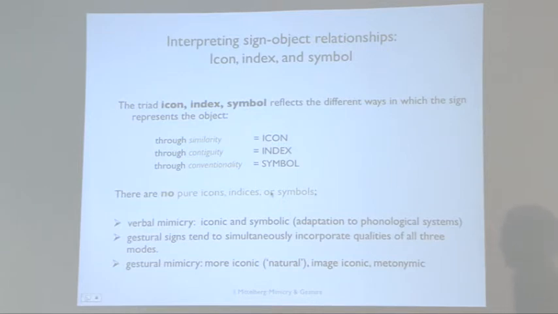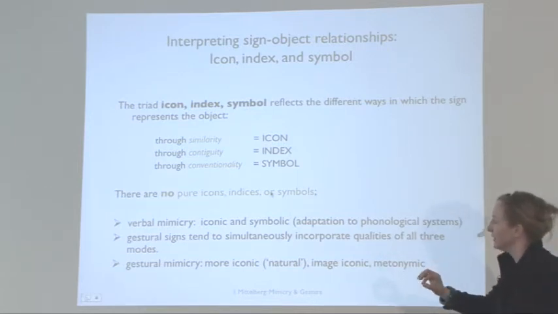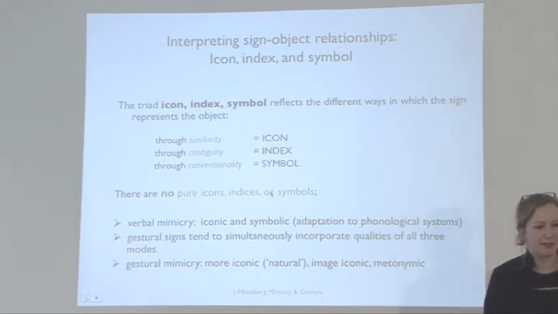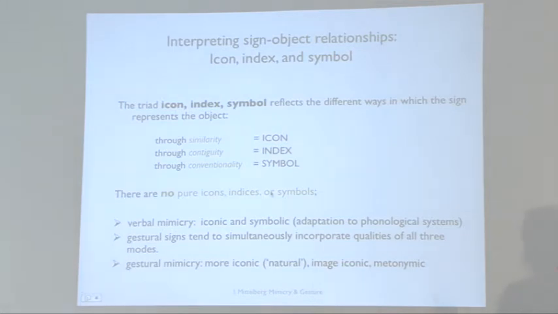And now I would like to show you where we're going to zoom in. So icon, index, symbol, I think this triad is quite known. Those are the relationships between the signs and the objects they stand for. Objects can be feelings, actions, knowledge, anything, colors.